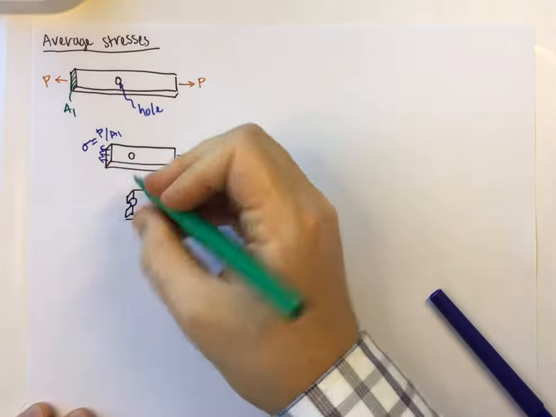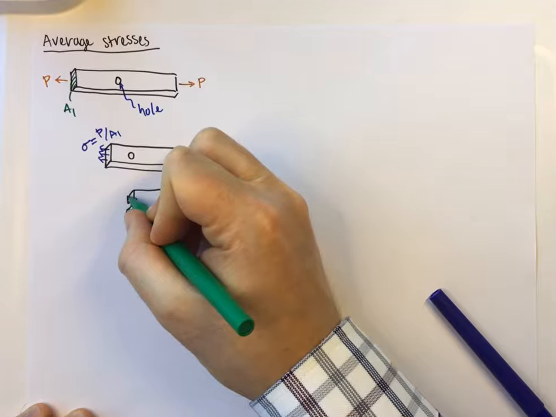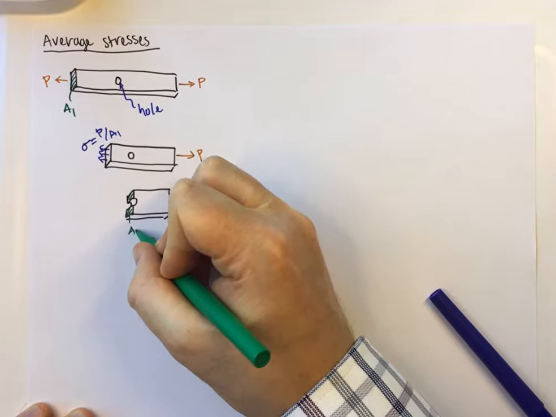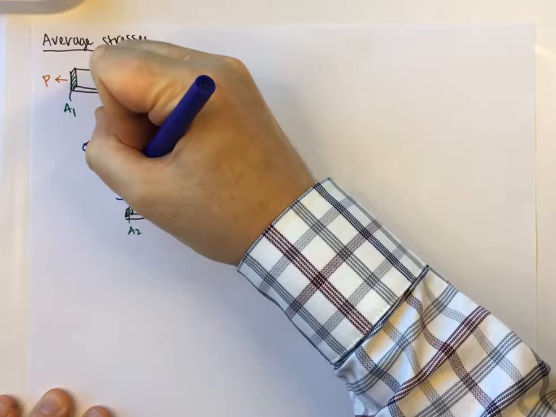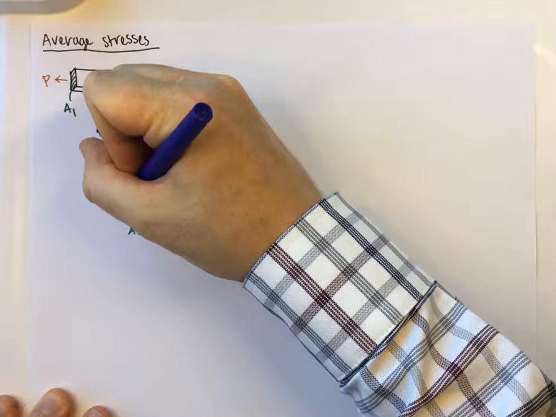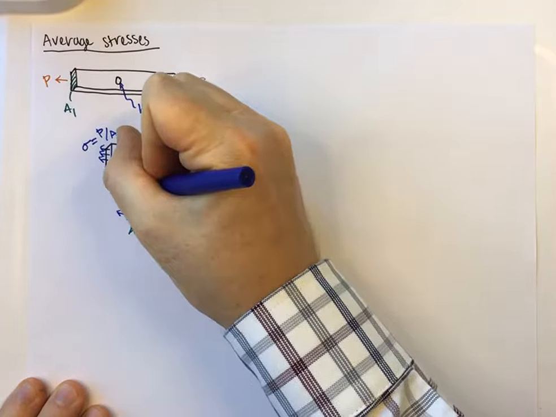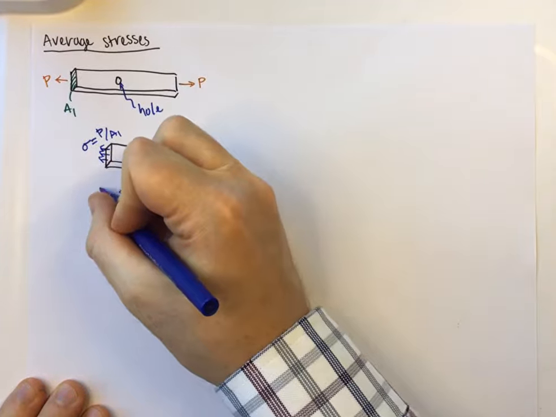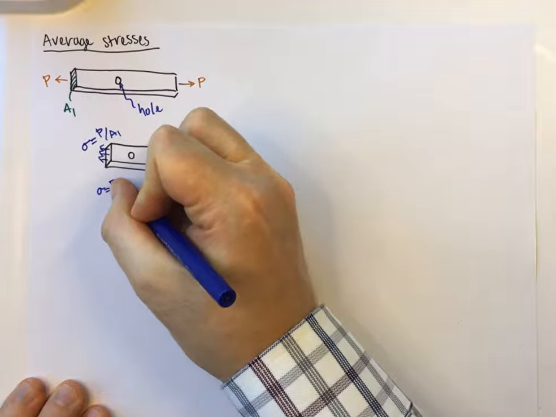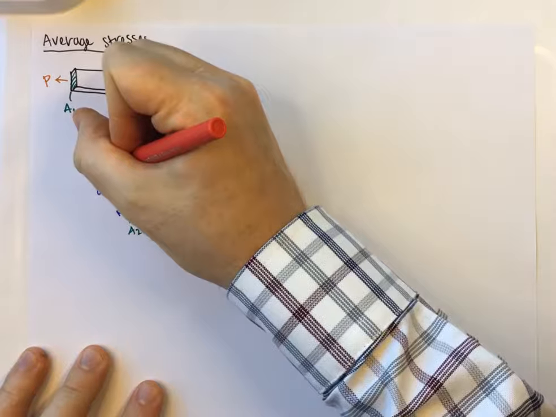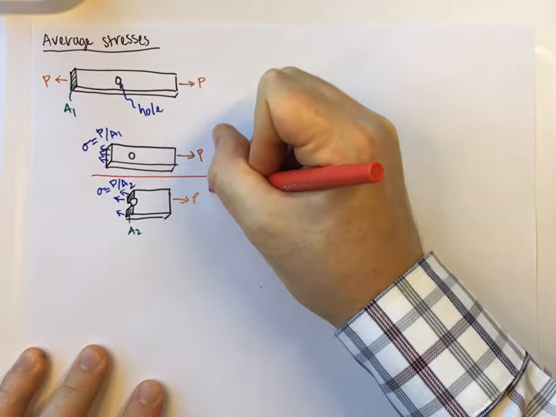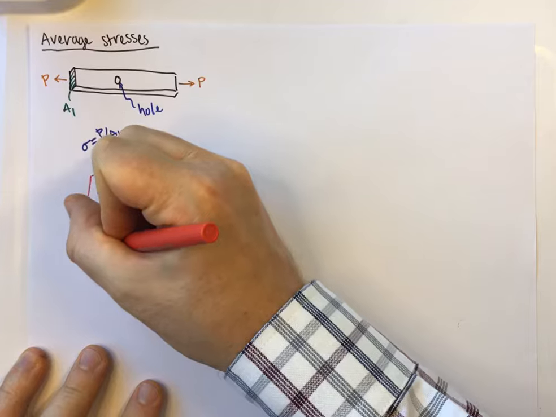And if I say that this area here, I call that A2, you might be tempted to say, okay, well, I'm just going to have an average stress. And that average stress is going to be sigma is equal to P over A2. And unfortunately, that is not a very good assumption.